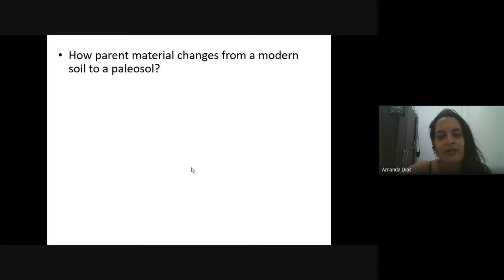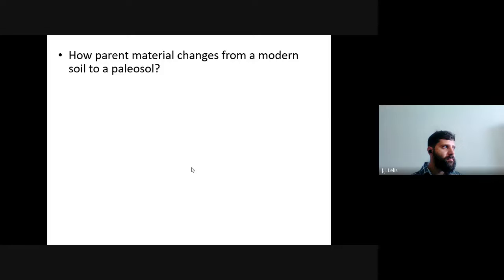I think the color property is used to explain the difference between modern soil and paleosol. Okay, but the color of the parent material could change?